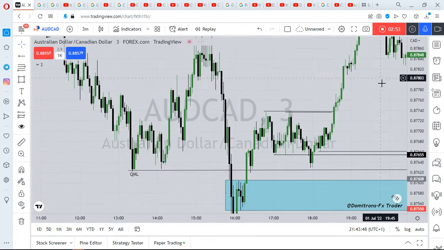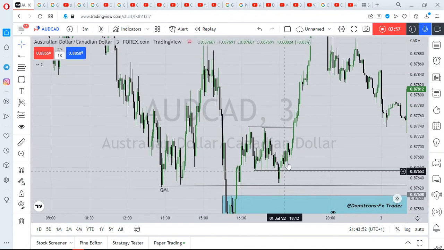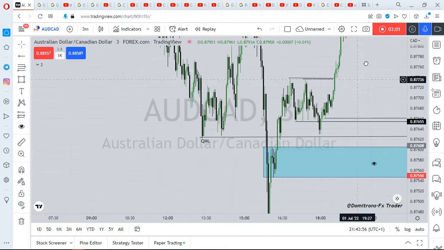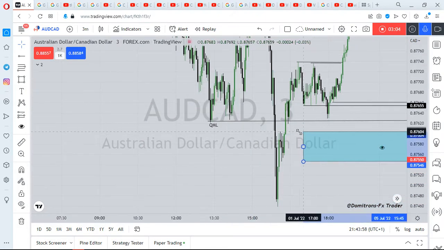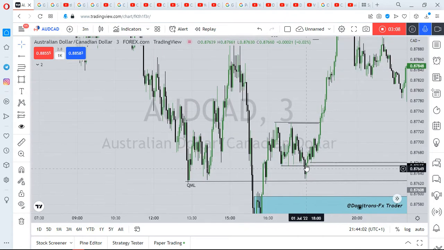Now, my mistake was that I was supposed to look for the last down close candle, the last demand zone that did the breaker structure. And looking at this is not the area that did the breaker structure. It was this one right over here.